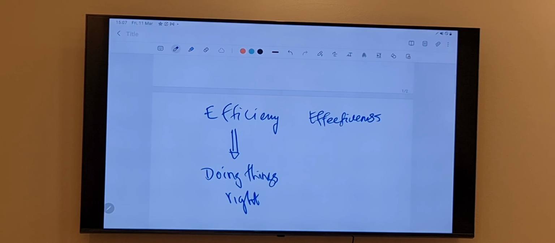We have a staircase and we have a lift, and we are also running out of time. In this situation, for me to reach the second floor from the ground floor, the right option must be to use the lift. That is efficient. So this is doing things right.